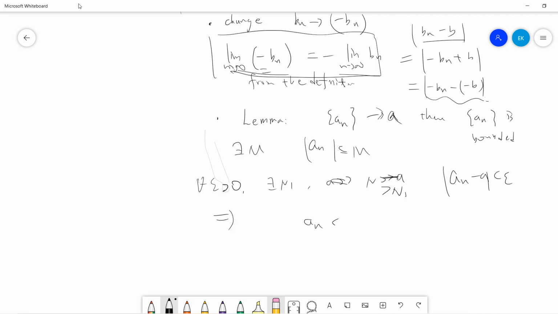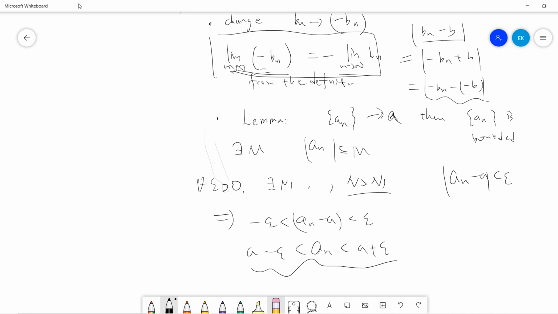That means a_n is less than a plus epsilon and greater than a minus epsilon. Is it correct?